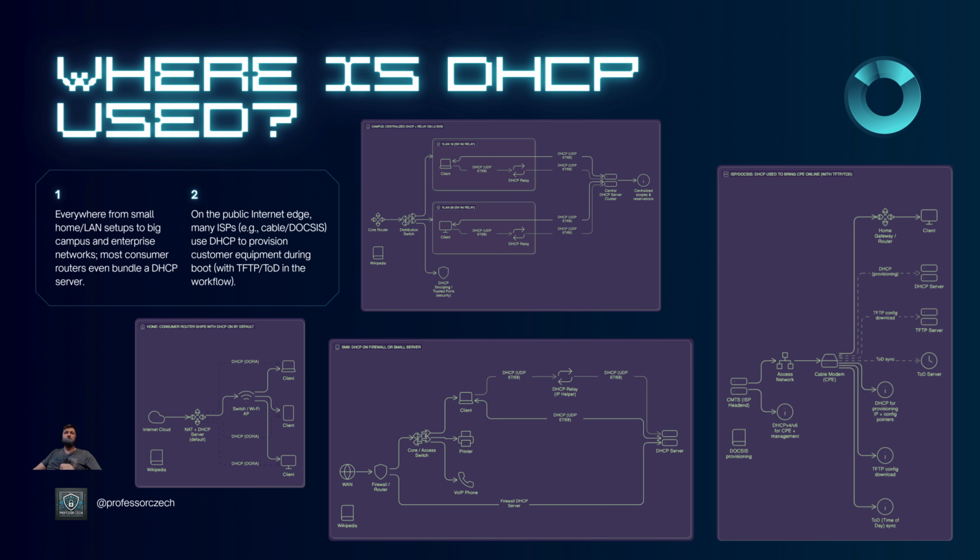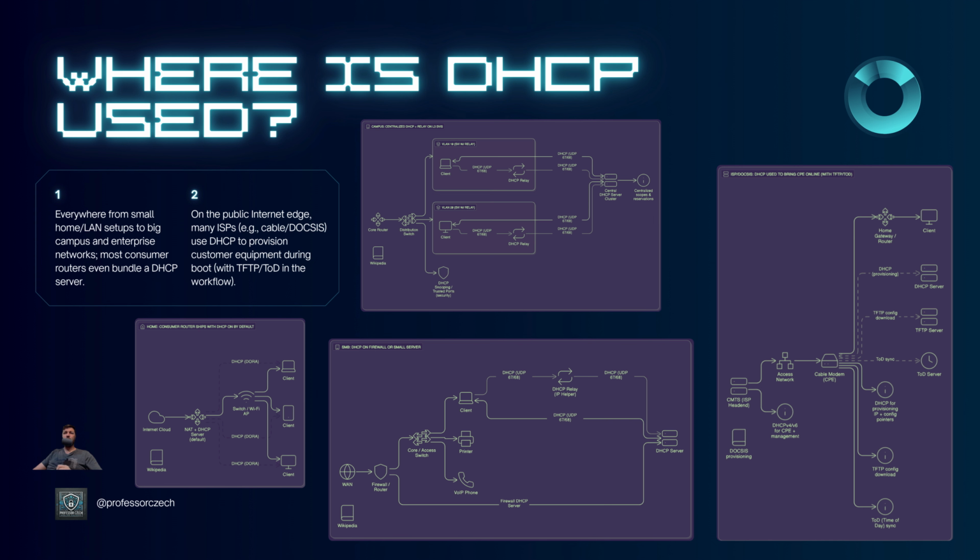Scale that up, and the same dance powers branch offices and campuses. Here, DHCP gets a gym membership: multiple VLANs, voice subnets for IP phones, and central scopes with reservations for printers and servers.